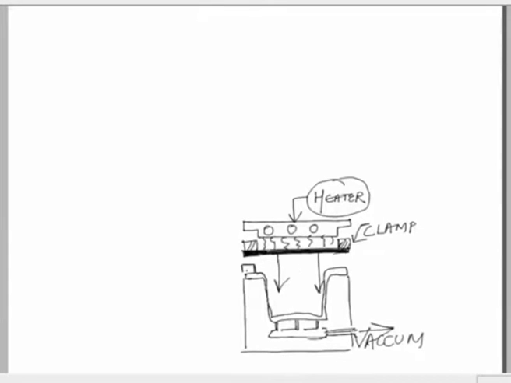The sheet has been heated. Because of the heating element, it has softened, and the softened sheet, when we are bringing in contact with the mold and a vacuum is applied, the vacuum sucks the air out between the mold and the sheet gets attached to the shape of the mold or to the wall of the mold.